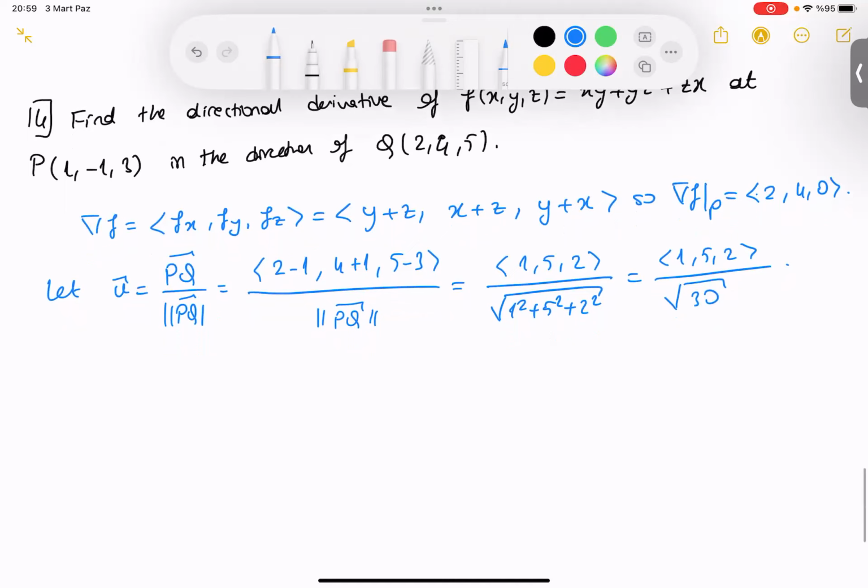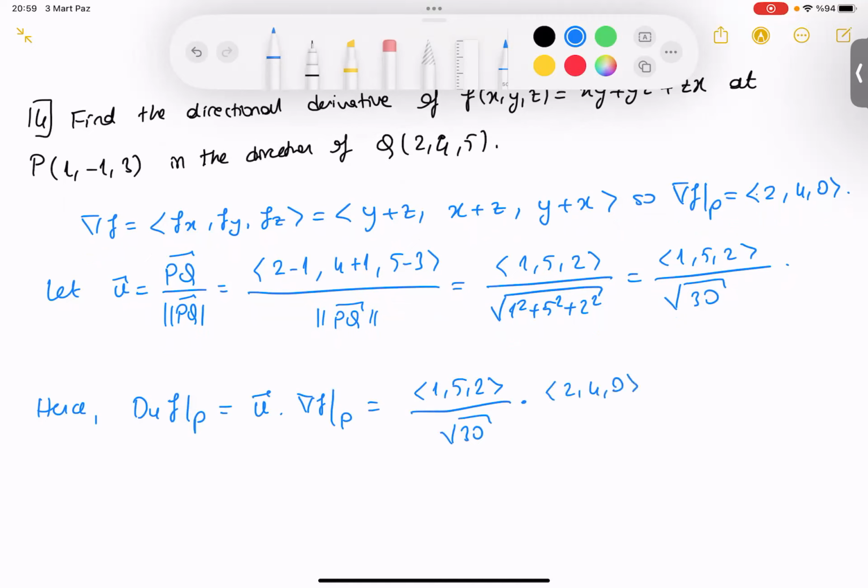Okay, hence now the vector u is here. We have the dot product. What did we have? (2, 4, 0).